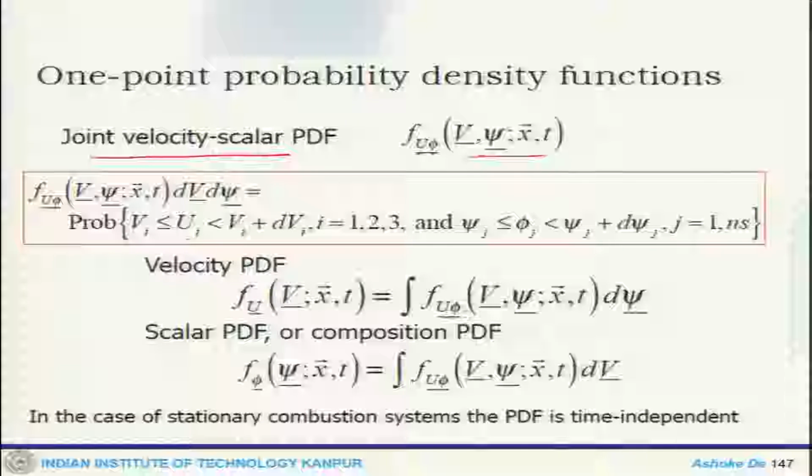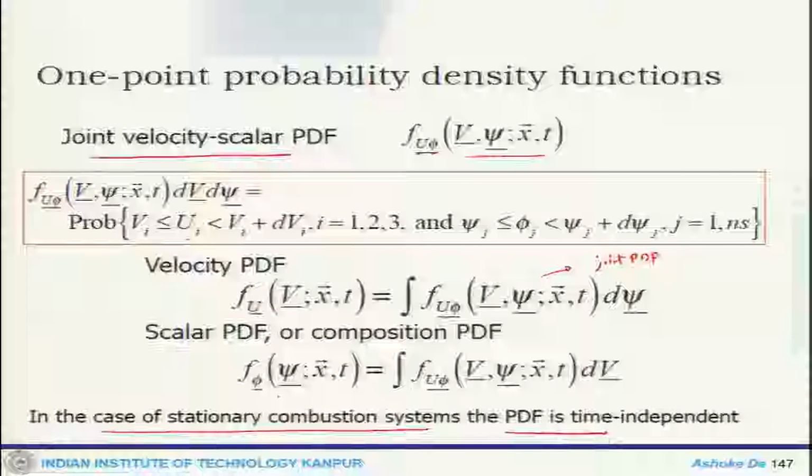If we integrate over velocity space, we can get the scalar or composition PDF. And as we mentioned earlier, in the case of a stationary combustion system, the PDF is time independent.